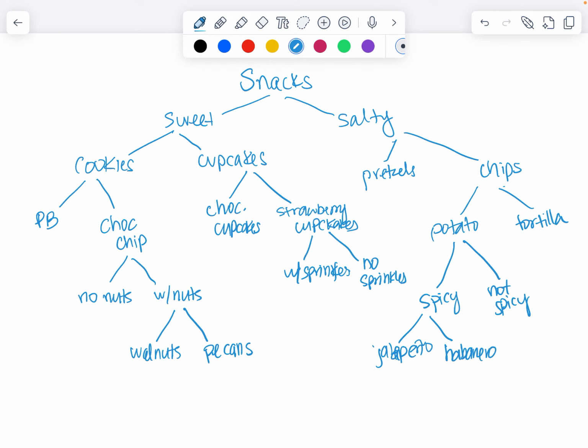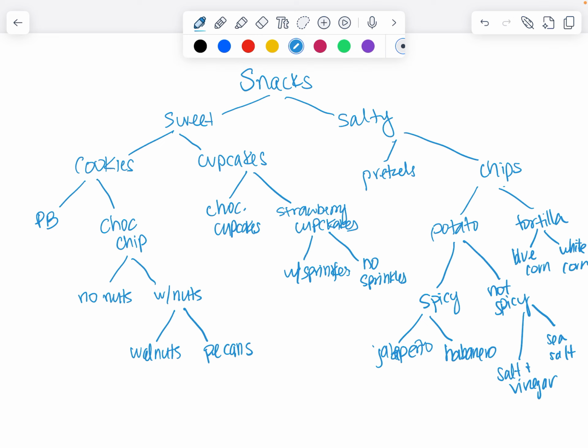And then the not spicy ones, they might just be like salt and vinegar, or maybe just plain, just salt, maybe sea salt, for example. And for the tortilla chips, I've seen blue corn, white corn, right? So here are just examples of what a tree looks like.